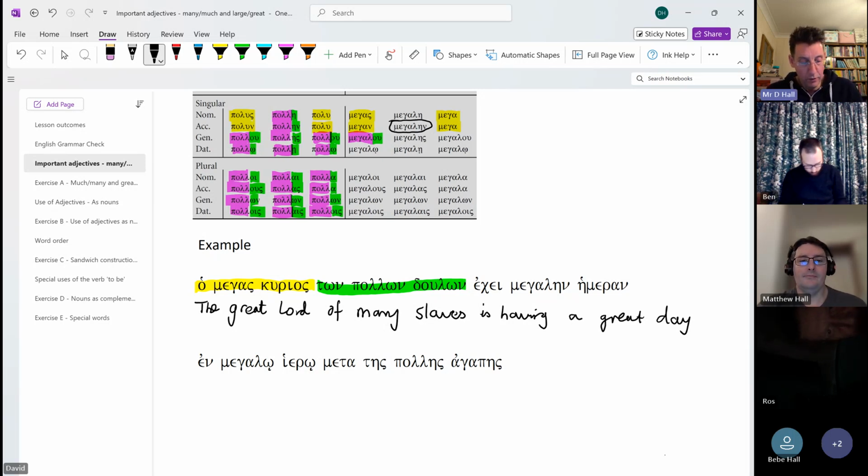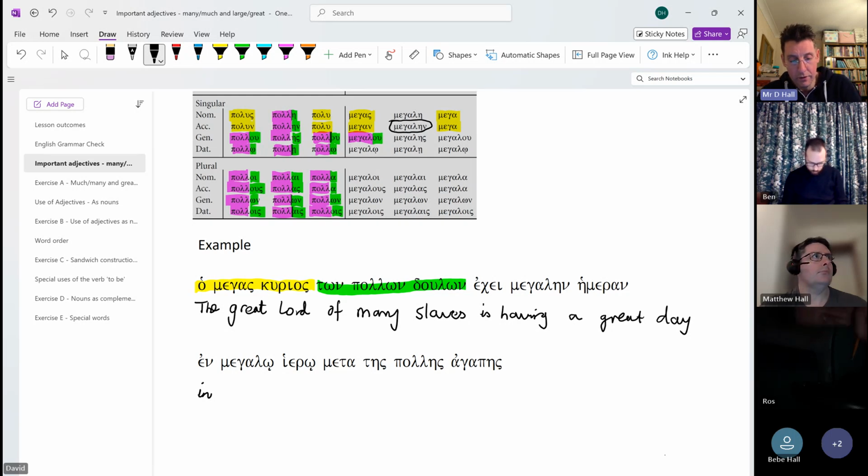And then we've got a little preposition here just to remind you. So en. So hopefully you kind of remember that one. So that means in. And en follows as a preposition, always has words that follow with the dative case. So we would expect to find words with the dative that come after en. So in, and then we've got megalo. So megalo is a dative word here.